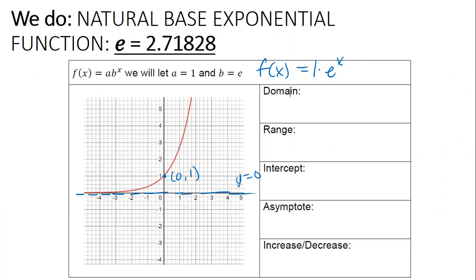So at 1, it depends on what your base is. And what is our base? Our base is e. So the value here at 1 is e. The value here at -1 is the reciprocal of that. So at -1, we have 1 over e.